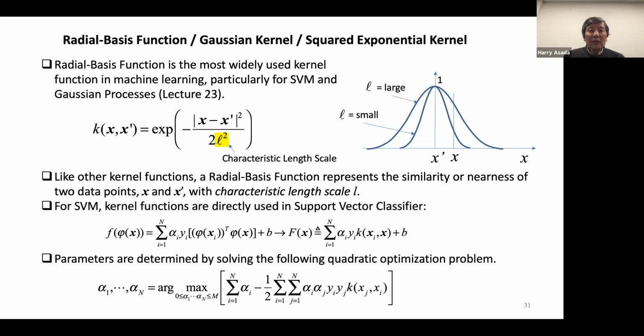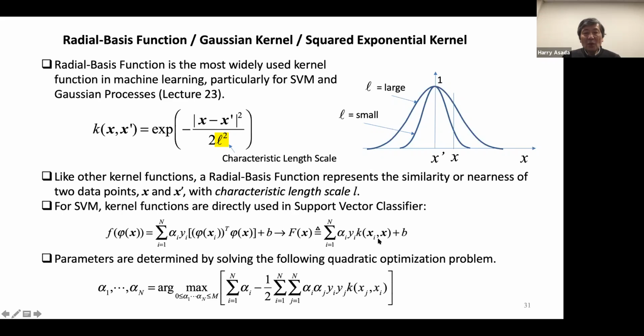So when you use these kernel functions, in some ways it measures the distance or similarity between two data points, x and x prime, right? So in this case, the distance between the two gives this guy, right? And when you measure the distance, we do that with the characteristic length scale L. For support vector machine kernel functions, back to this, we can put this one in here.